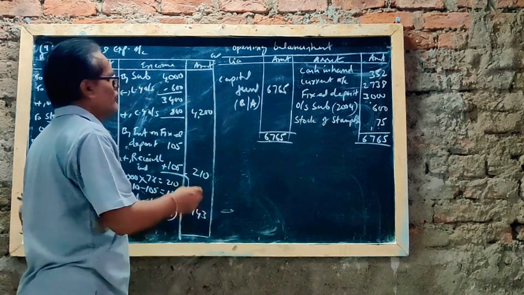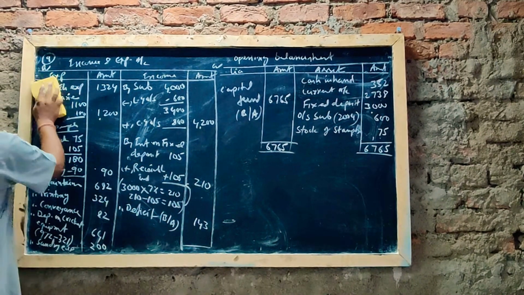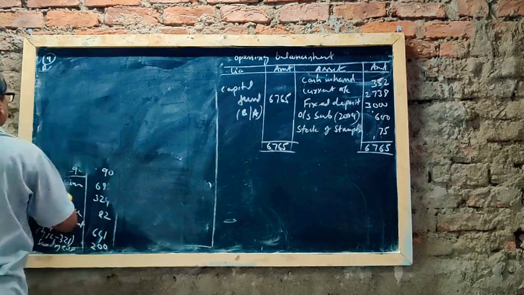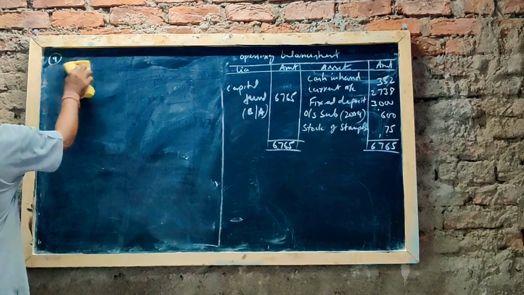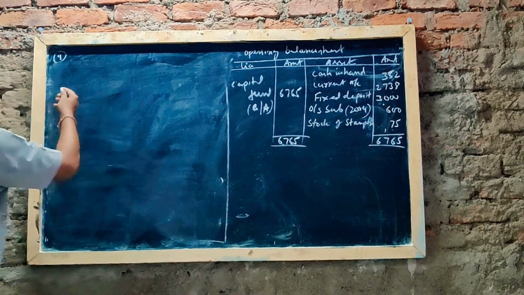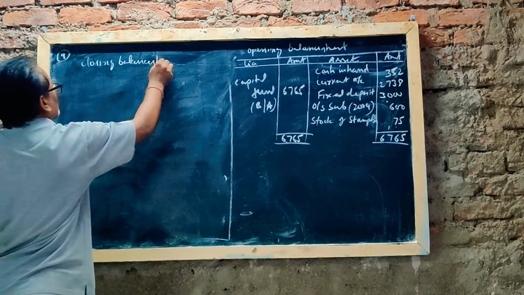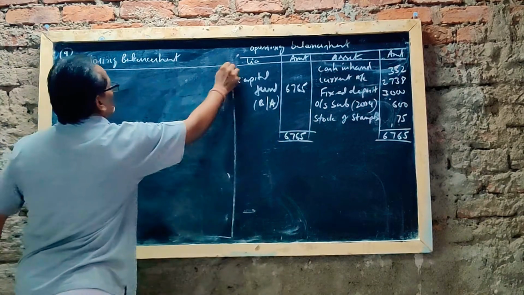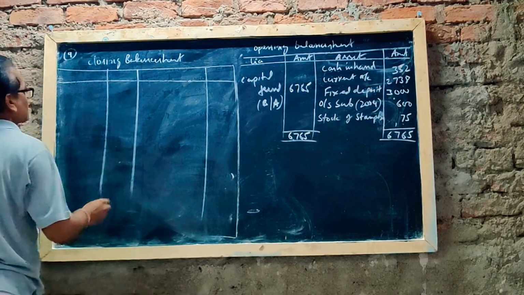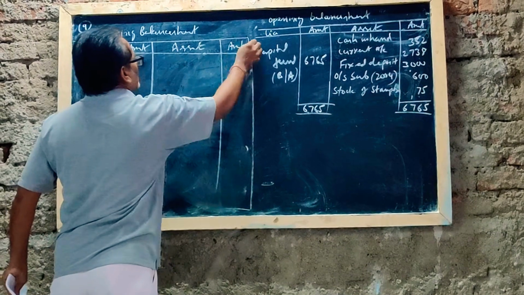Now we have to prepare the closing balance sheet. I will write here, closing balance sheet. Liabilities, amount, assets, amount.